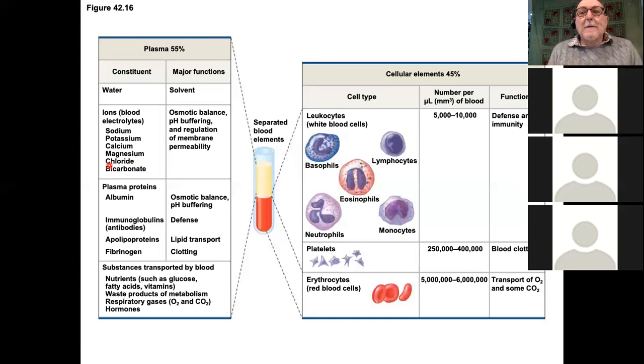That's the first thing. But second of all, most of our carbon dioxide is transported in the form of a bicarbonate ion. Most of the carbon dioxide which needs to be taken to the lungs for expulsion is actually carried in the form of a bicarbonate ion. So that's why I say this is of particular importance.